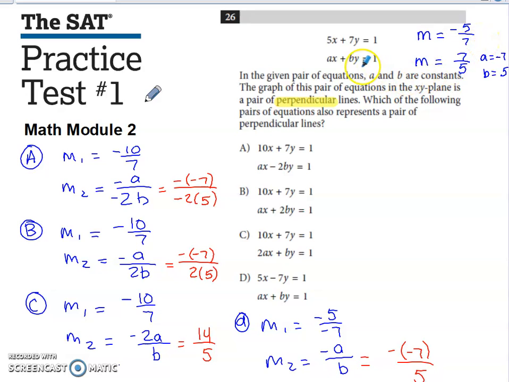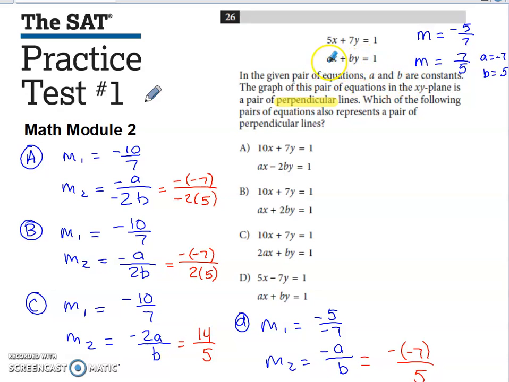I know the slope of this second line, in order for it to be perpendicular to the first, has to be the reciprocal, so the fraction gets flipped, and also the opposite, so the number gets made positive. And so what that tells me is that A would have to be negative 7, and B would have to be positive 5.